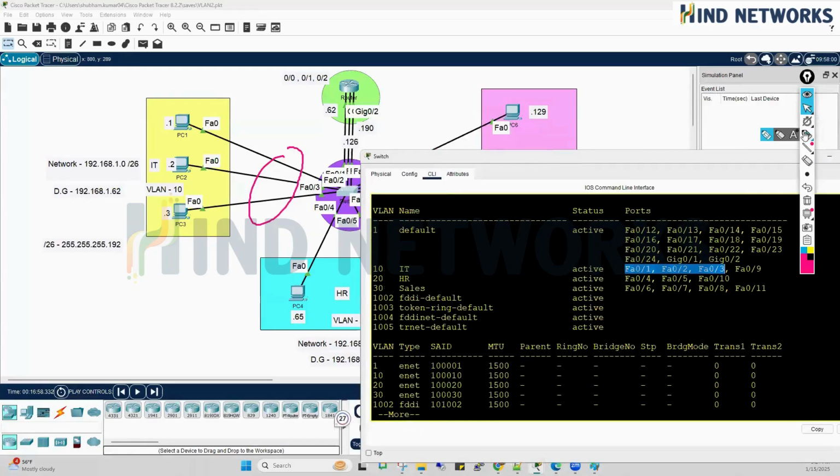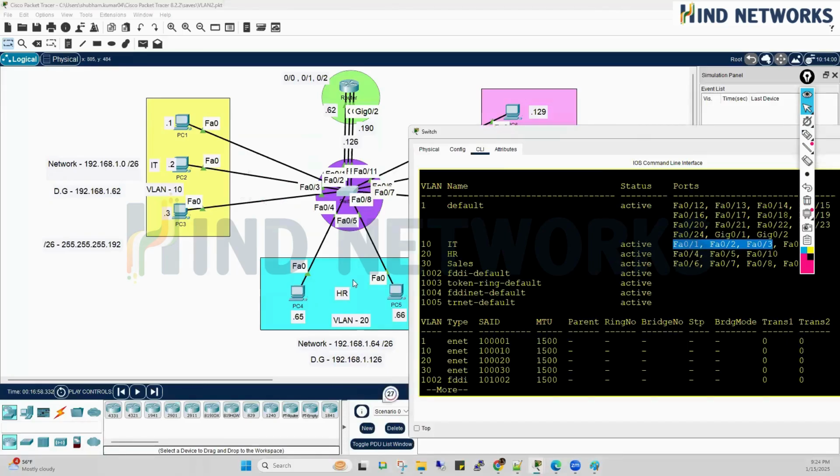And on this switch, there is one more port, this one. This is for VLAN number 10, so I need to move this port also in VLAN number 10. Clear? So that's the reason I moved here Fast Ethernet 0/1, 0/2, 0/3 in VLAN number 10. And I think this is 0/9, so 0/9 is also the part of VLAN number 10. Done.